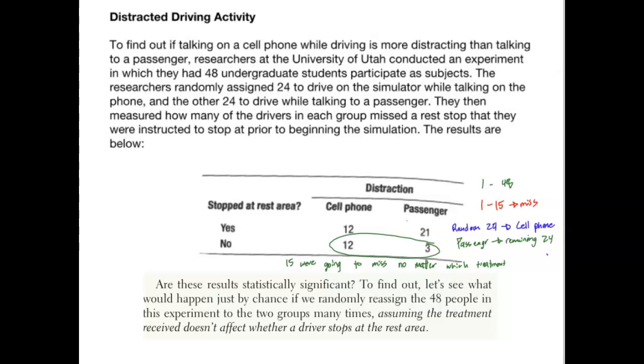Okay. And then you could count up how many in that randomly selected group of 24 were the numbers 1 through 15, right? And so that would represent how many in the cell phone group, just by random chance, happened to miss the rest stop. And then we could do this many, many times, over and over and over again, each time recording how many in the cell phone group missed the rest stop.